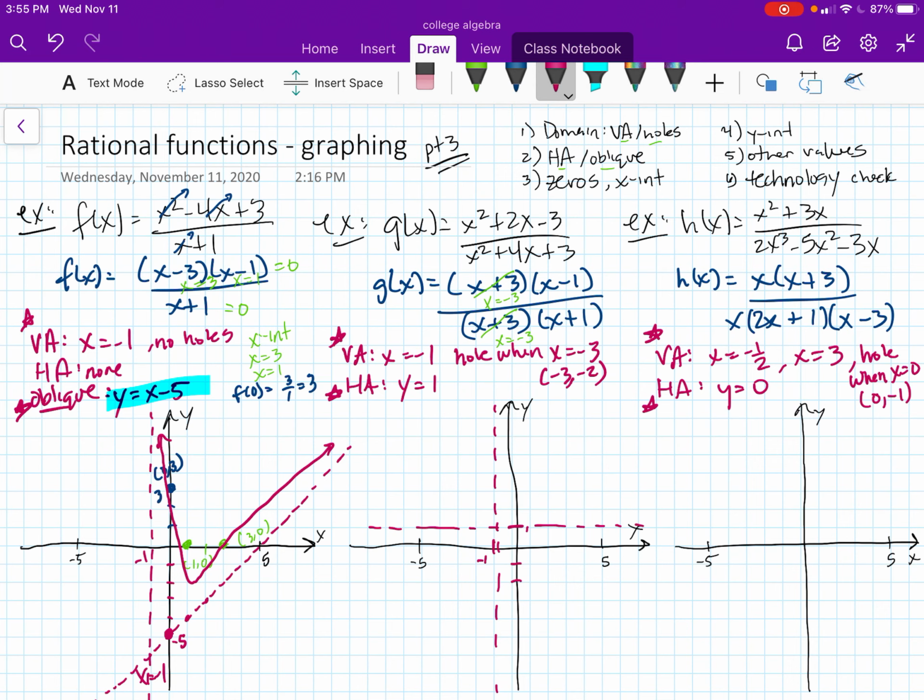So right here is a hole. Okay. What else do we have? That is it. All right, so the zeros. I have if x equals 1 in the numerator, would be an x-intercept, so 1, 0.